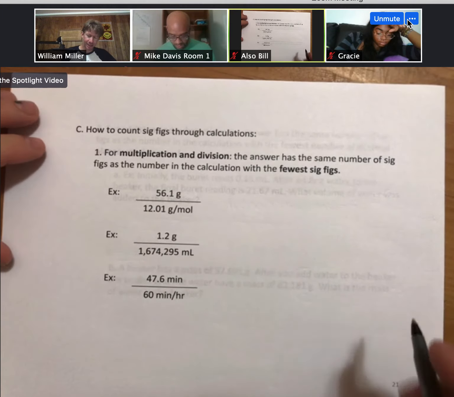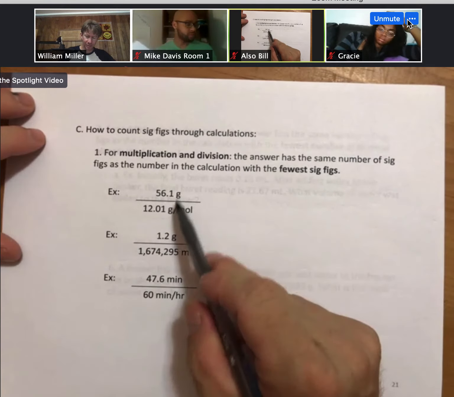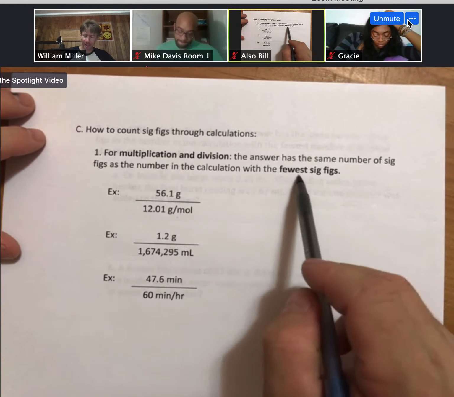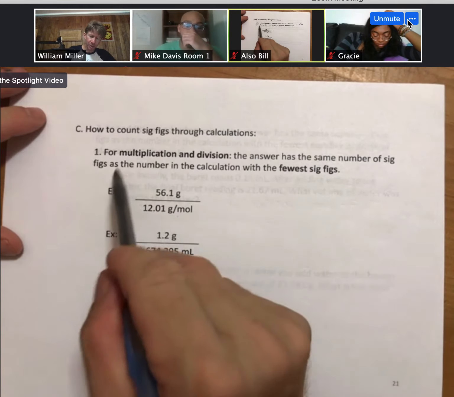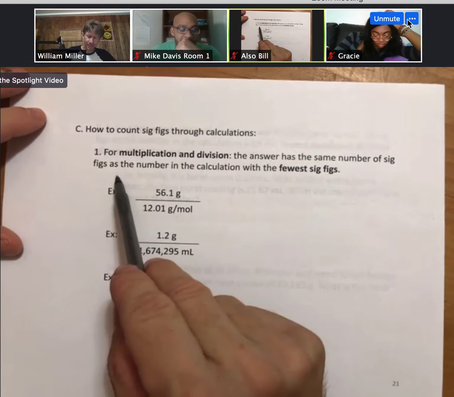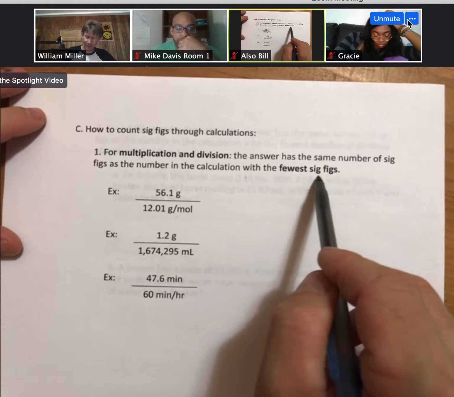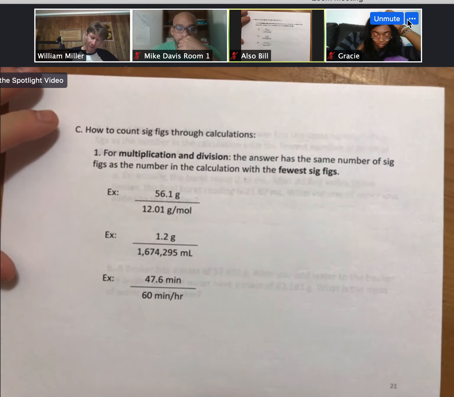Now in lab, it'll also be important that when you do a division problem or a multiplication problem, you know how to keep track of sig figs. For multiplication and division, the answer has the same number of sig figs as the number in the calculation with the fewest sig figs. So let me do by example what that means.